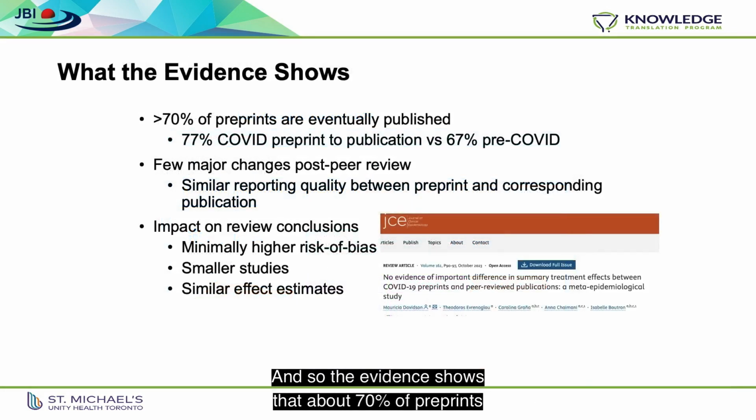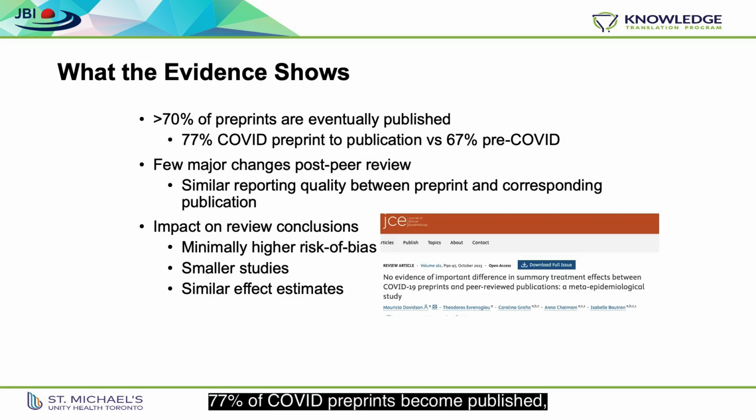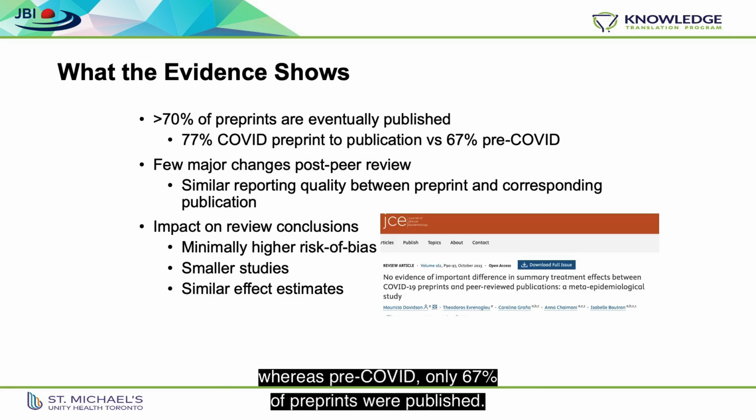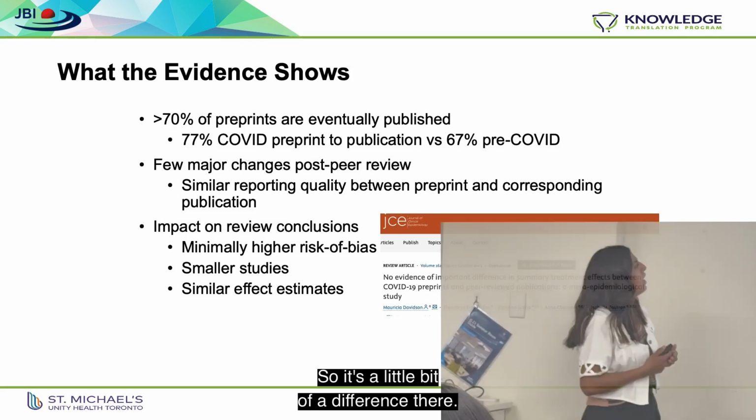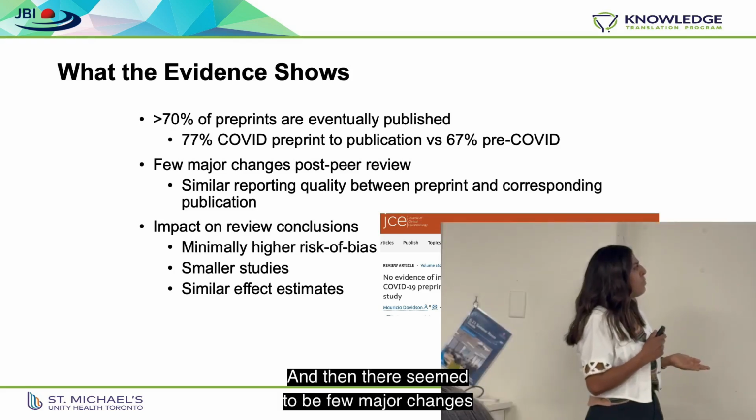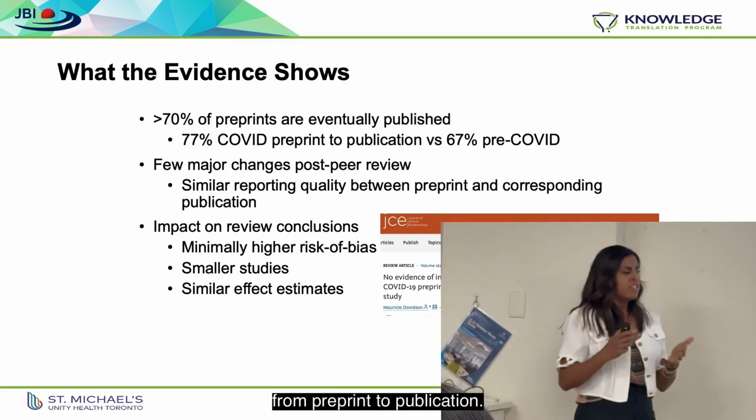And so the evidence shows that about 70% of preprints are eventually published. 77% of COVID preprints become published, whereas pre-COVID, only 67% of preprints were published. So it's a bit of a difference there. And then there seem to be a few major changes from preprint to publication.